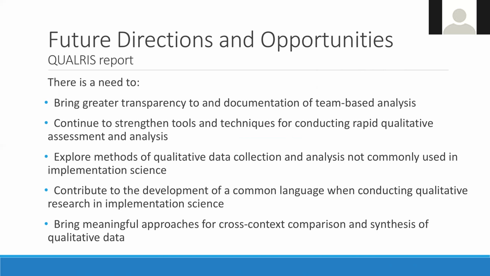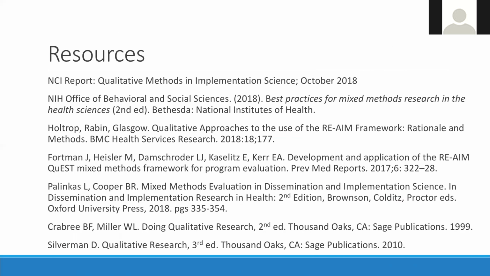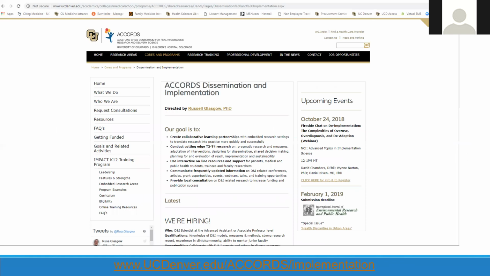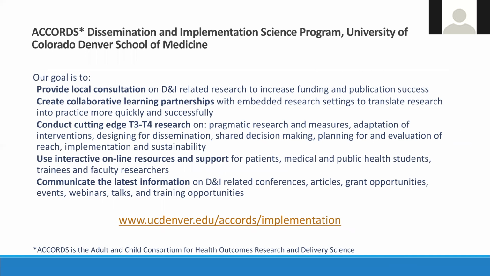So if you're interested in what to do next, here are some ideas. Here are some resources. The first one is that report that I talked about. These slides will be available later. I'd just like to draw your attention to the DNI program. Here's our website at the University of Colorado, and we have a lot of resources on the website, and these are the things that we do.